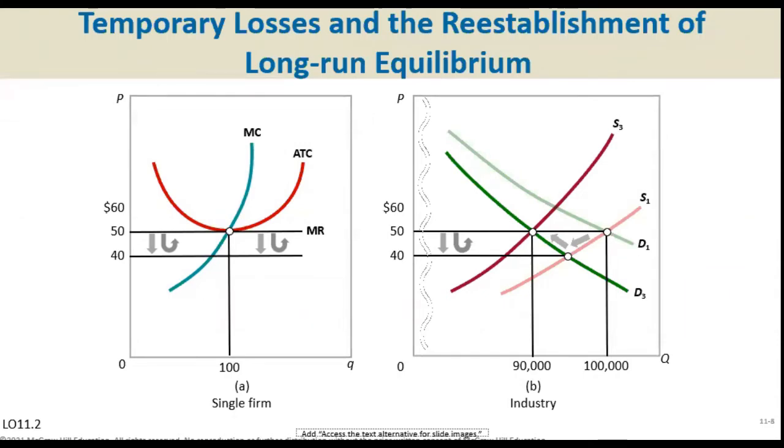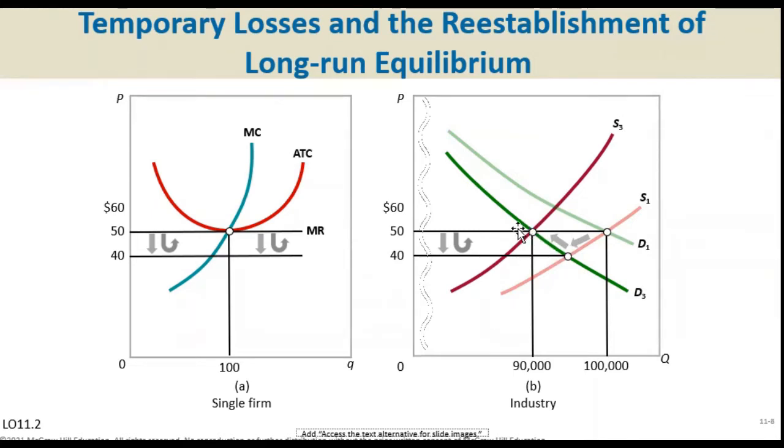Once they are leaving the market, we see a decrease in the supply. It shifts from S1 to S2, and by leaving the industry, the supply curve is pushed to the left, which is a decrease in supply.